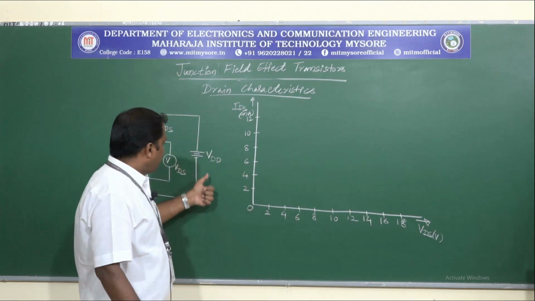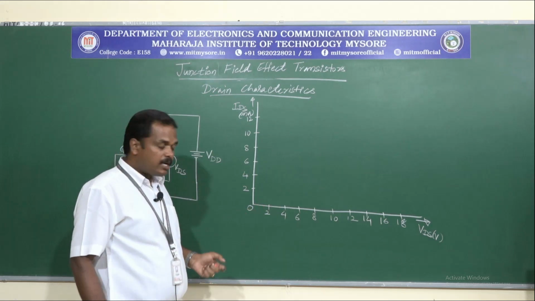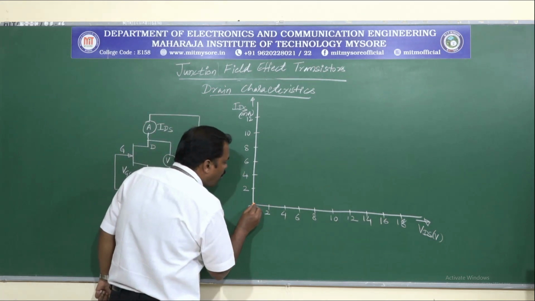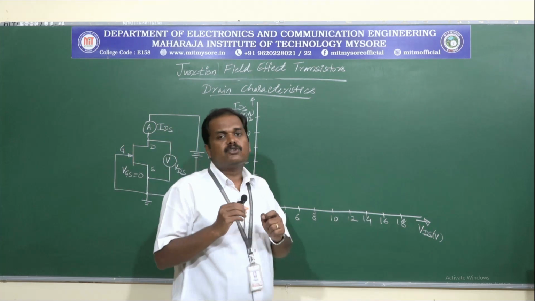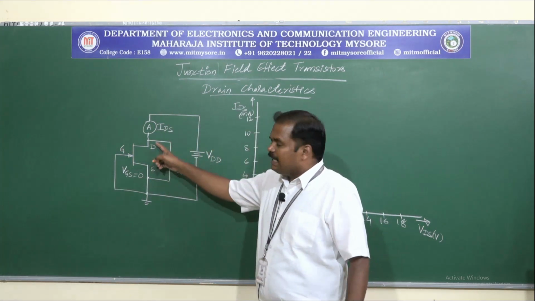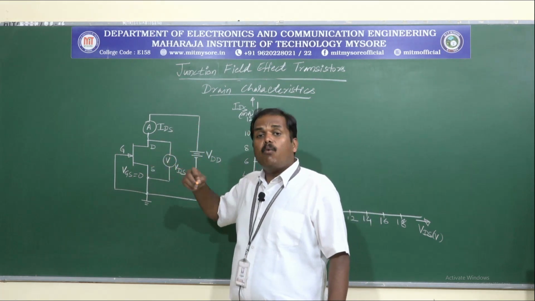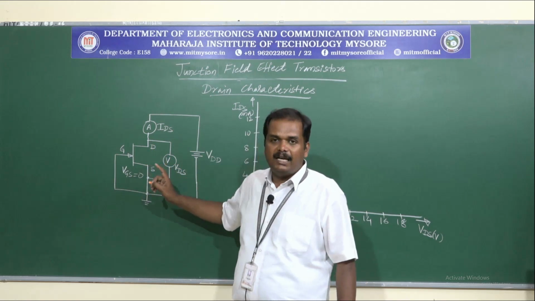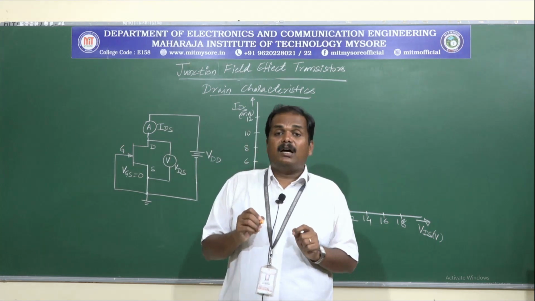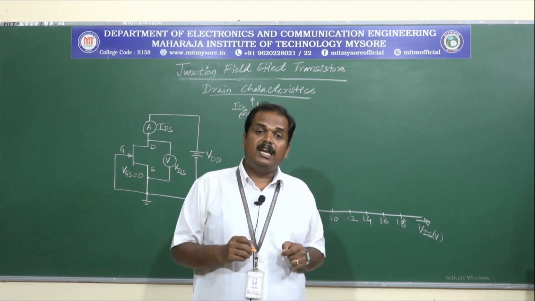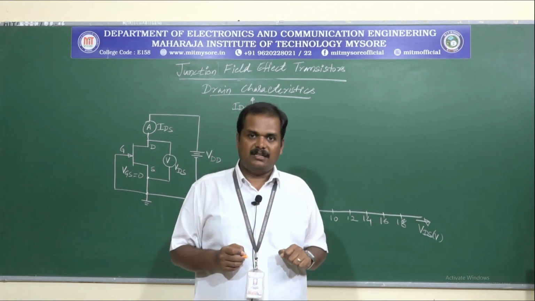Now if I increase VDS by a small amount, let us say less than 1 volt, there will be a small increase in the IDS value. A small IDS flowing in the device generates a voltage drop across the channel, and this causes some depletion penetration in the channel, but this has no effect on the channel resistance.